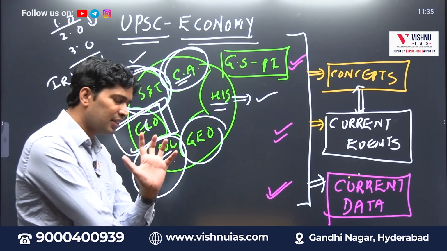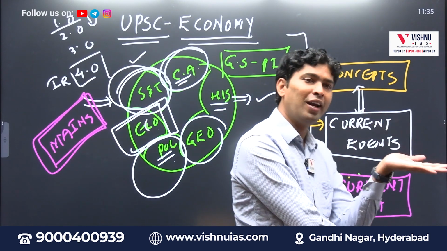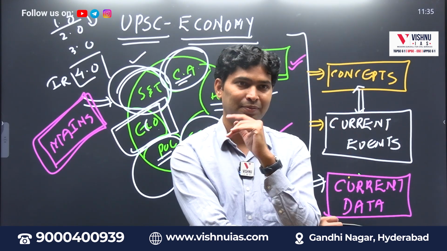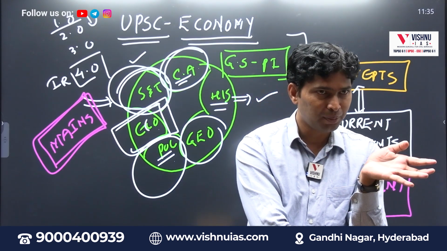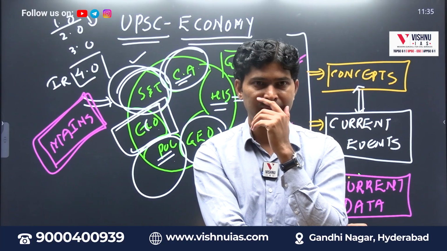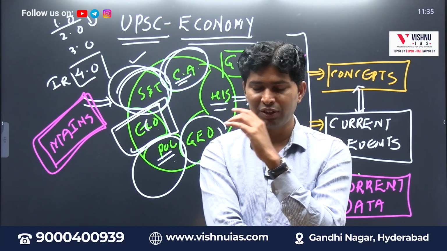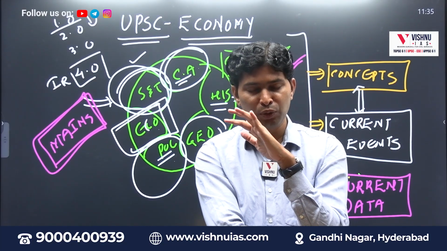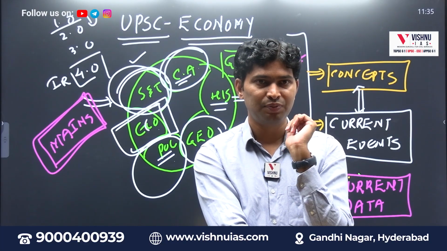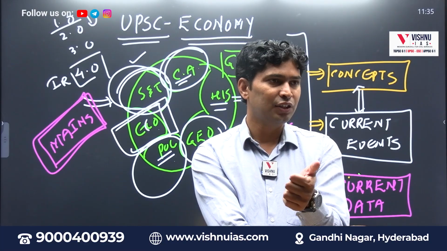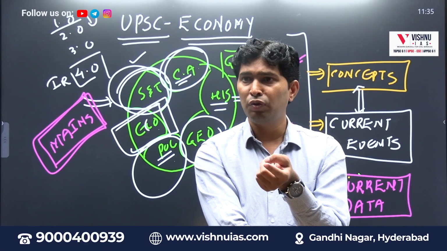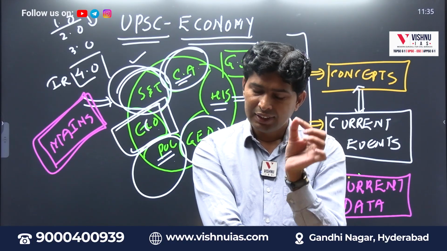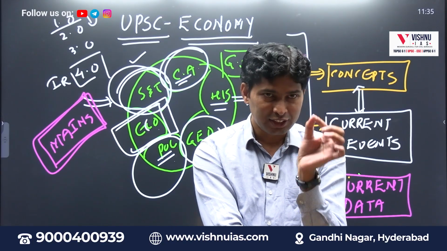And try to take certain types of optionals which will overlap directly with your GS preparation, so no need to prepare separately for certain specific aspects. Anyway, optional orientation would be separate. I'm just telling you the basics of what you're supposed to do. You're supposed to do primary research on the optional. You're supposed to know whether you have an attitude toward that particular subject or not.